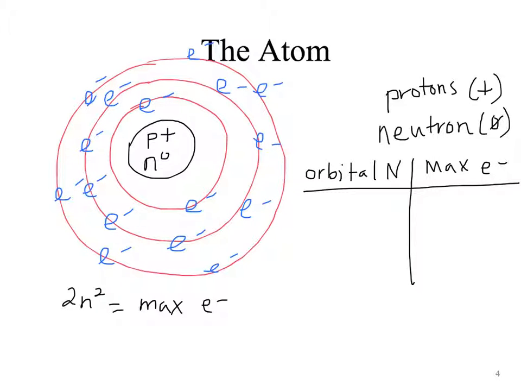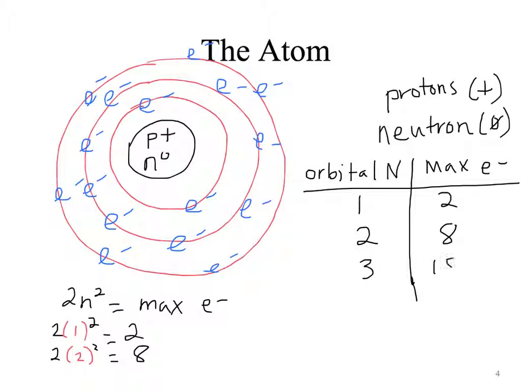If n is 1, if we plug it into this formula, you get 2. If n is 2 and you plug it into this formula, you get 8. If n is 3 and you plug it into the formula, you get 18.